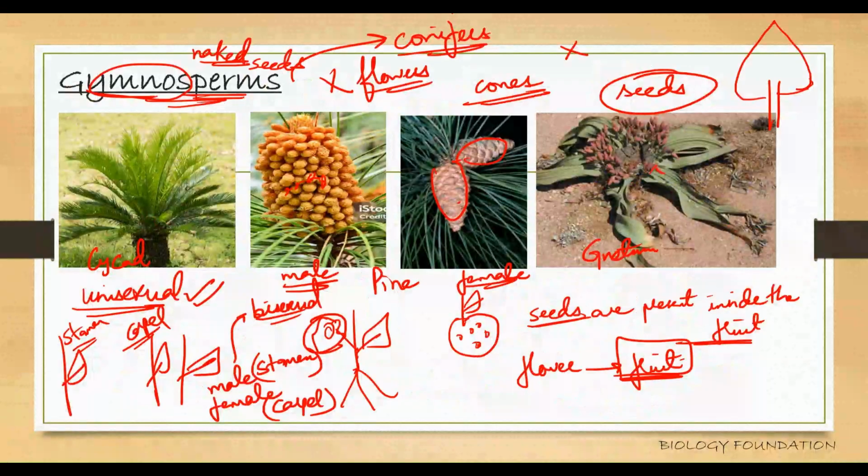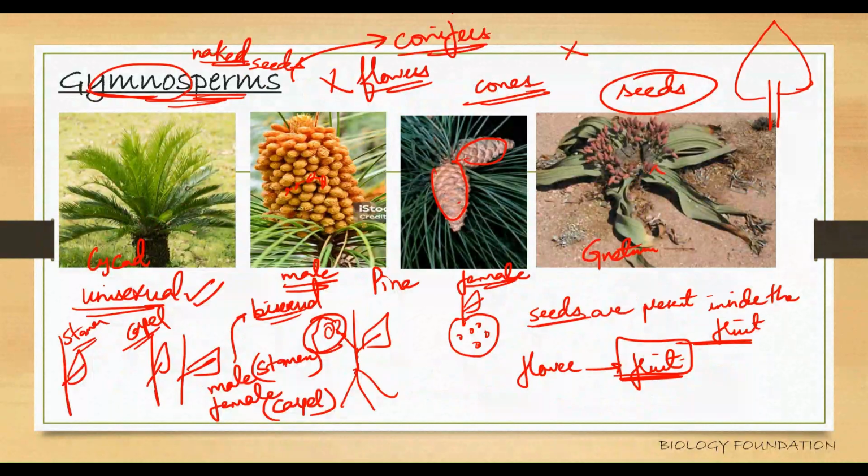And most of the gymnosperms are unisexual. That means they don't have both male and female reproductive organs in the same plant. Most of the plants bear either the male reproductive organ or the female reproductive organ. Hence, they are said to be unisexual.